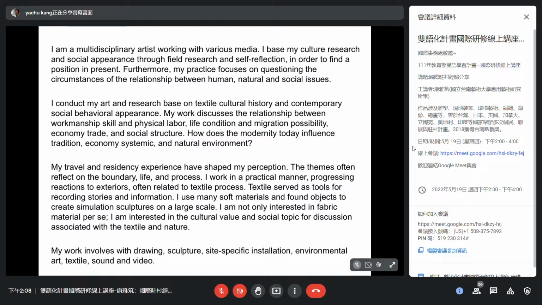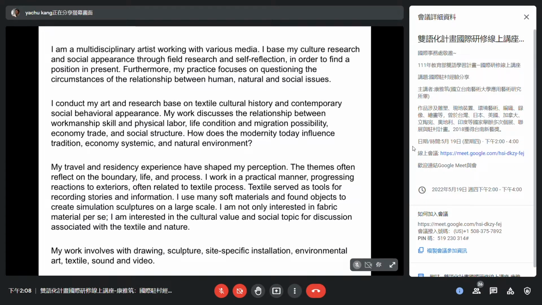My travel and residency experience have shaped my perception. The themes often reflect on boundary, life, and process. I work in a particular manner, and my process often relates to textile process.